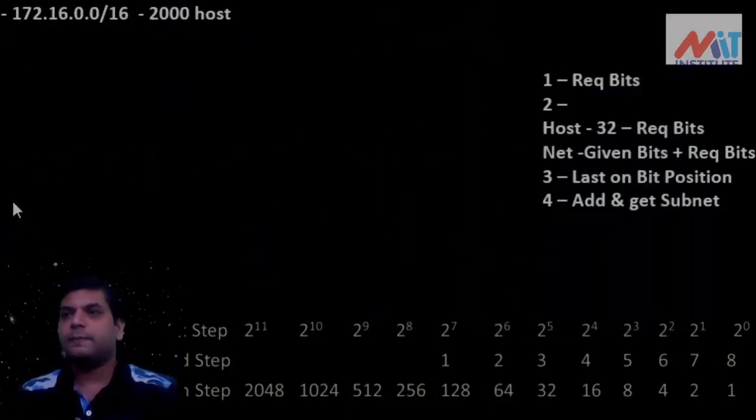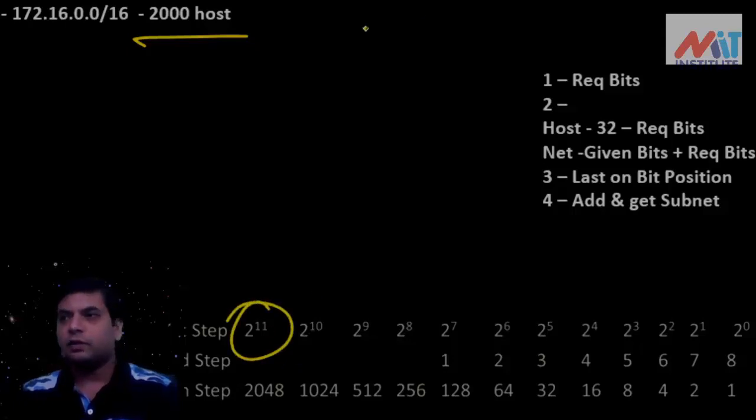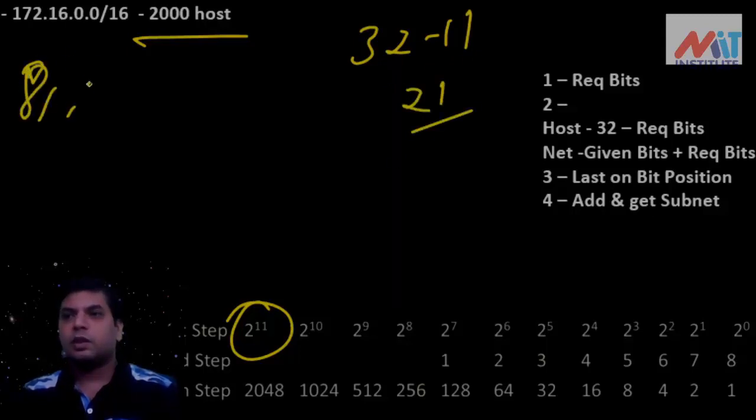Next example. Now we need to create subnets for 2000 hosts. For 2000 hosts we need 11 bits. I think now you get the idea. 32 minus 11 will give us 21. With 21, first octet full, second octet full, and in the third octet we will have 5 bits.